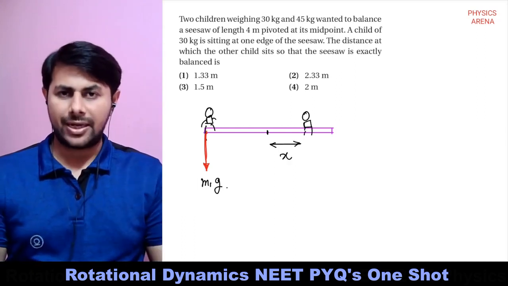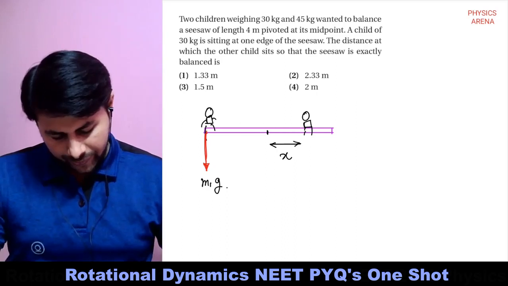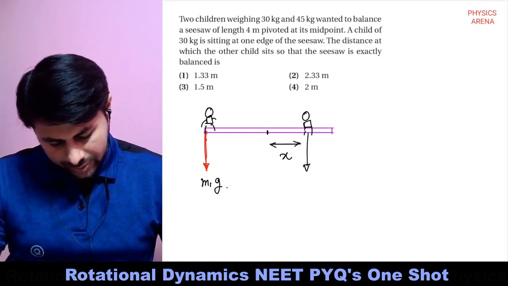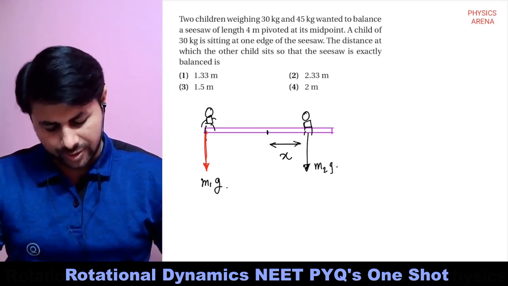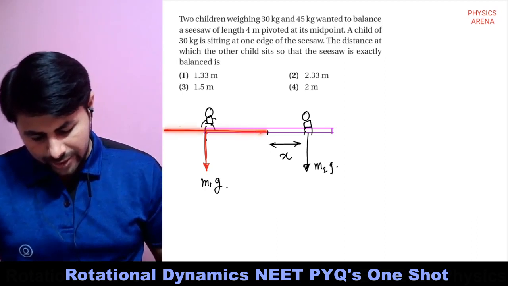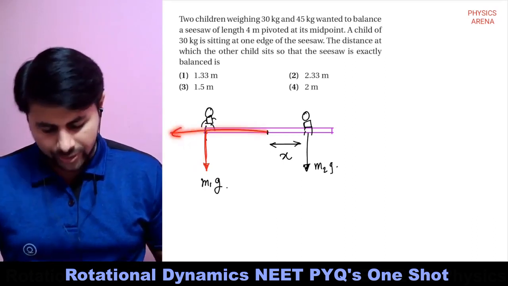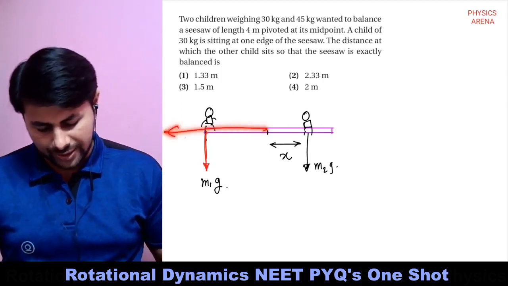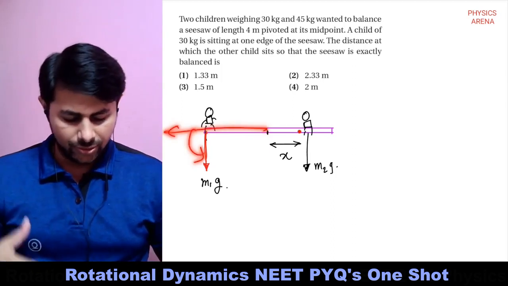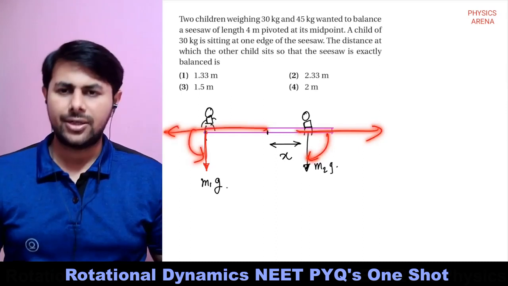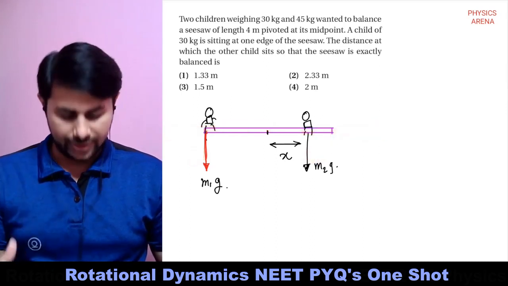Okay, remember mechanical advantage. So it is m2 times g. So torque due to the first child will rotate the seesaw in anti-clockwise sense, and due to the second child, it will rotate the seesaw in clockwise sense.